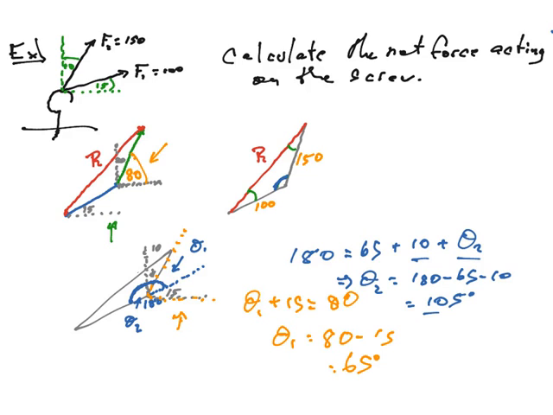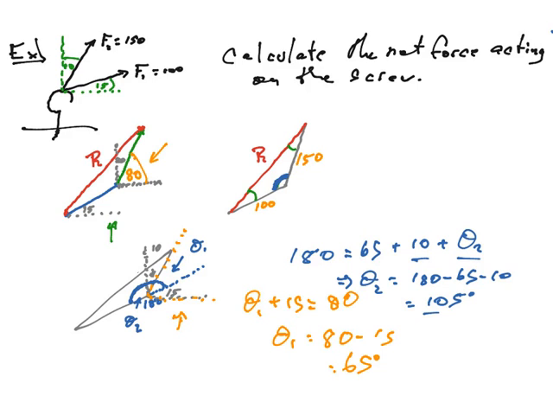Good. Now I have theta 2. I've got all these angles that make up the 180. What was it I wanted? Remember, I want on this right side triangle over here, this blue angle, this interior angle. Looking at my gray triangle as a picture, that's the 10 degrees plus theta 2.